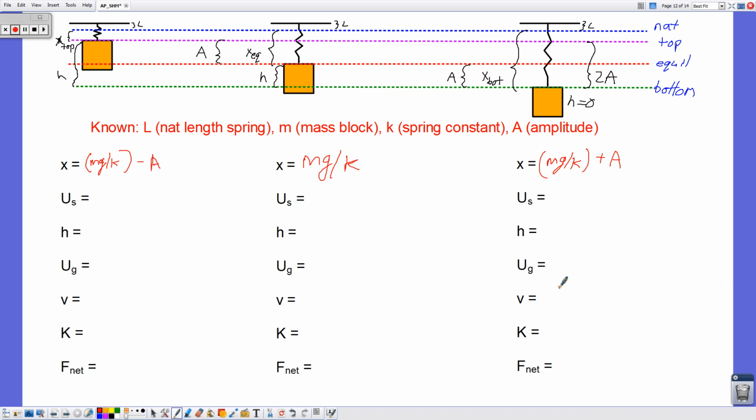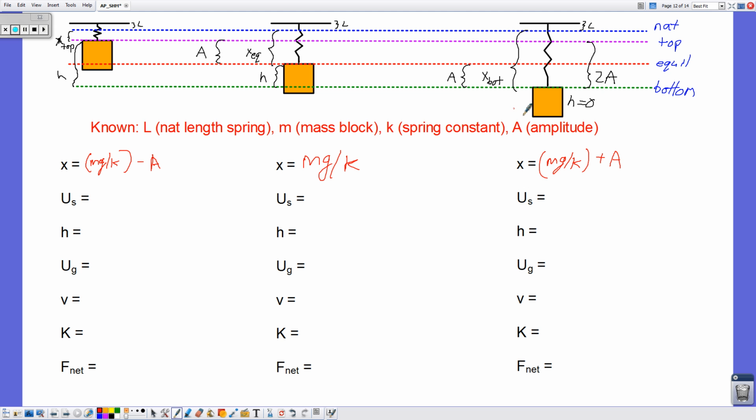Now I'm going to jump down and we're going to talk about h. If I'm talking about any type of height for any object ever, for sake of simplicity, we always call the lowest point it reaches height 0. Do we have to? No, absolutely not. I could call this height 10 meters, and then this is going to be height 10.05 meters, and this is going to be height 10.1 meters.